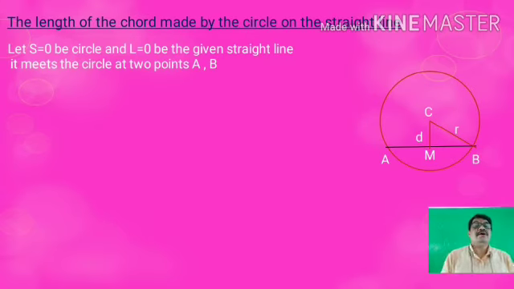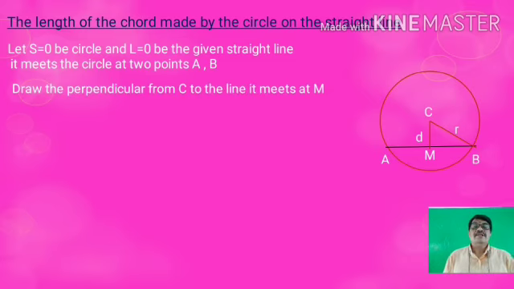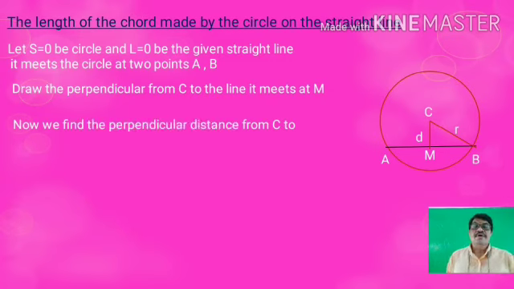Then we get MB. Draw the perpendicular from the center to the line; it meets at M. Now we find the perpendicular distance from C to the line AB, that is small d.